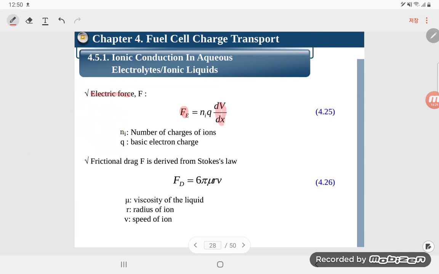This is the voltage gradient, and Ni is the number of charges of the ion, and Q is the basic electron charge. And as a resistance, the drag force is derived from Stokes' law, because this is the liquid form, right? So we consider fluid mechanics for this one. The drag force is determined by 6 pi mu r v.